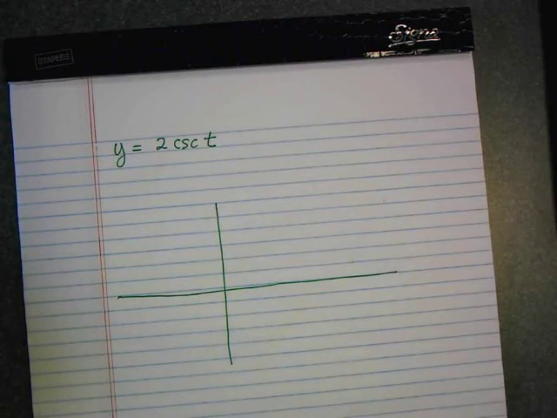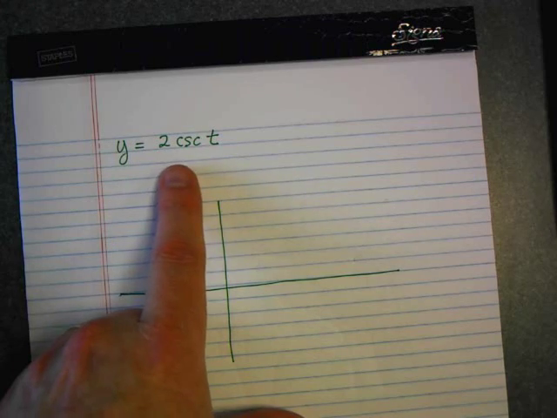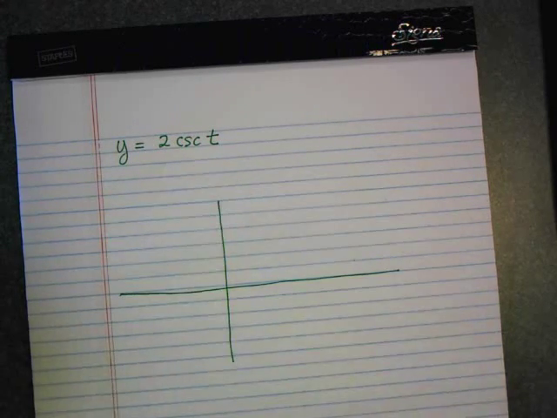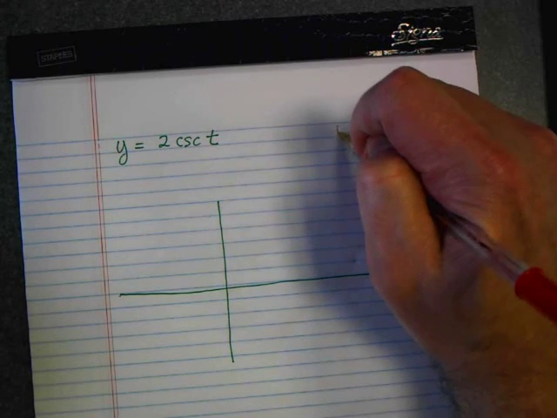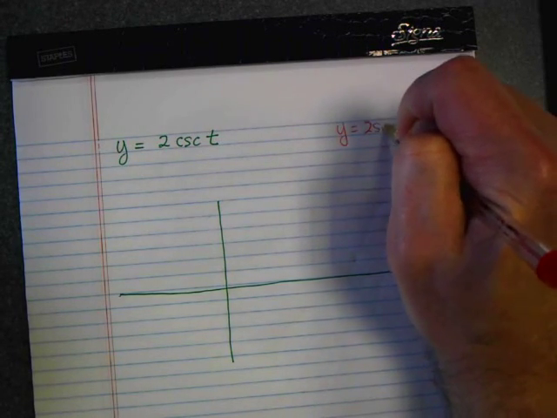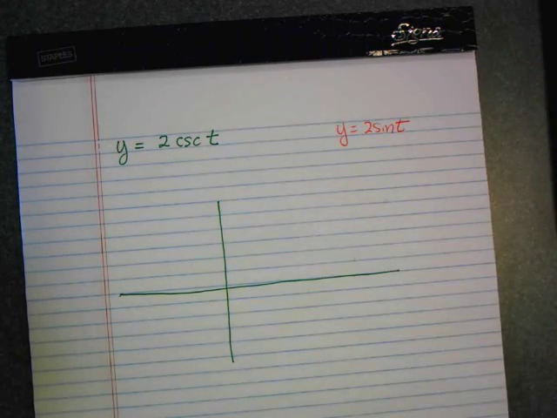Nothing changes there. Okay, so if I asked you to graph y equals 2 cosecant t, what I would do first is graph y equals 2 sine t, the way we've always graphed it. It does help if you have extra colors, but if you don't, you can do with that too. What's the graph of y equals 2 sine t look like?